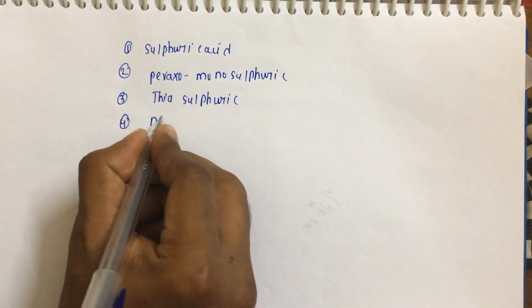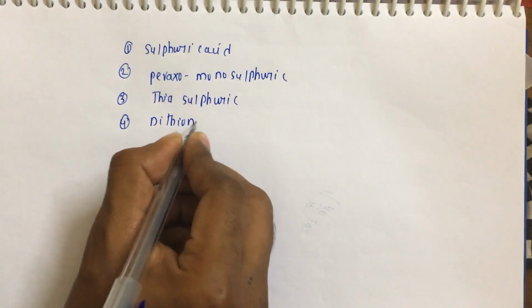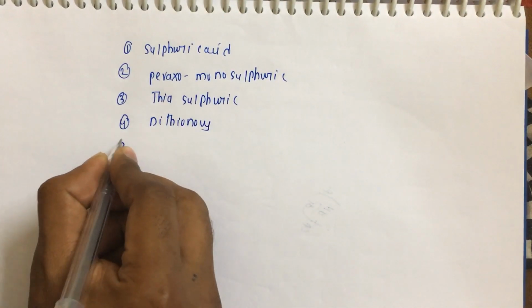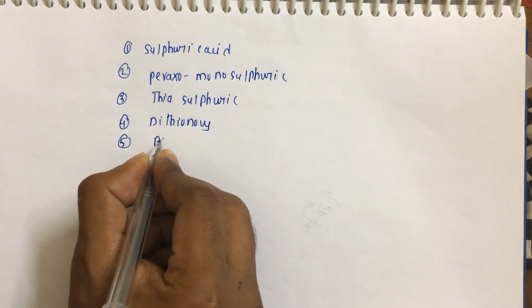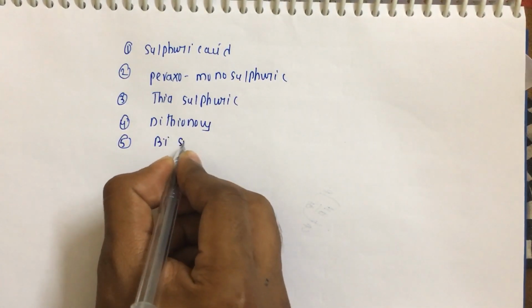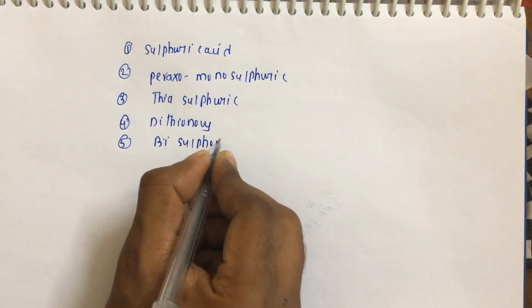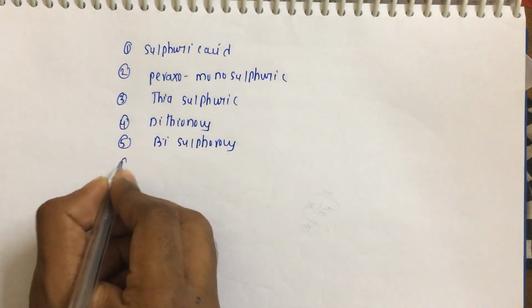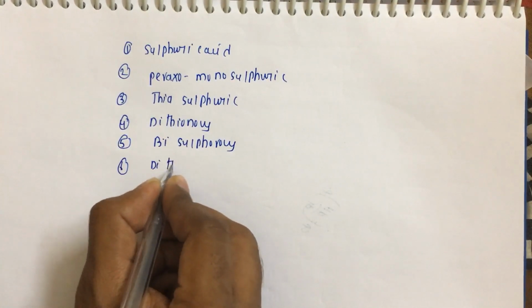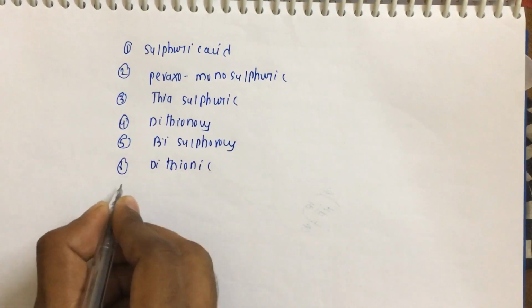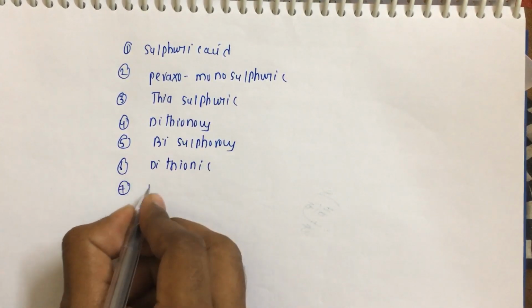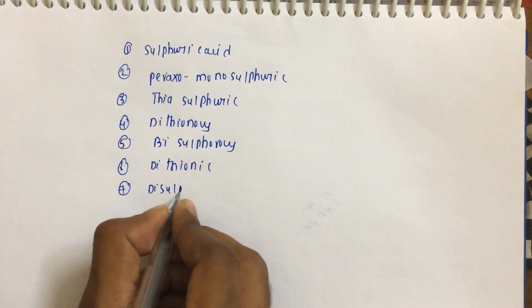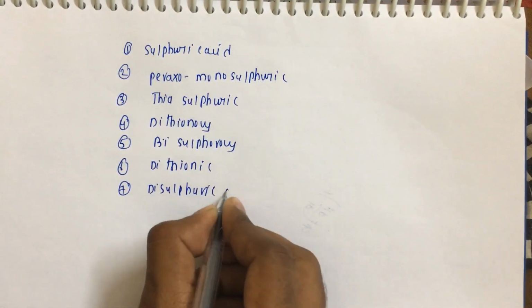Fourth one is dithionous acid. Fifth one, disulfurous acid. Sixth one, dithionic acid. Seventh, disulfuric acid.